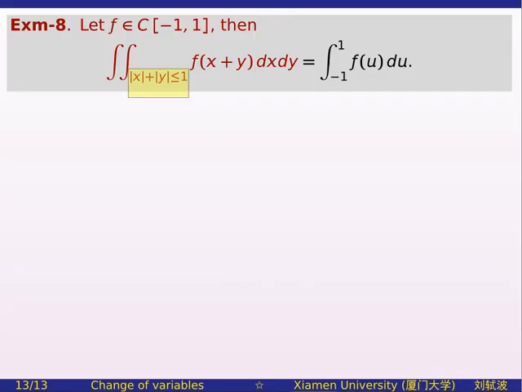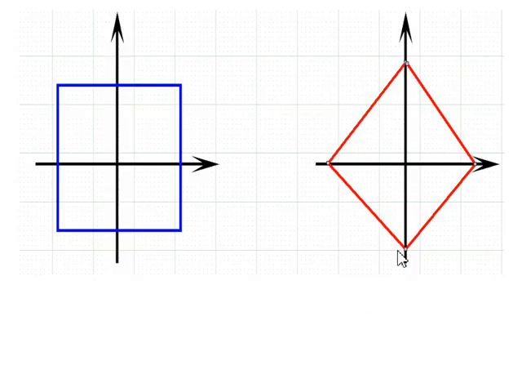If we apply the Fubini theorem to the integral, the integral domain is not a very nice rectangle, because the edges of this rectangle are not horizontal or vertical. They are in a direction of 45 degrees. So this is the problem.